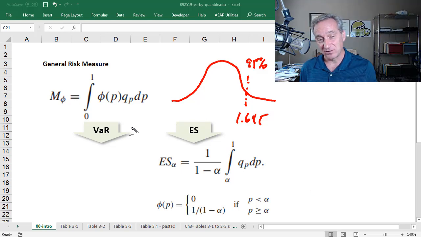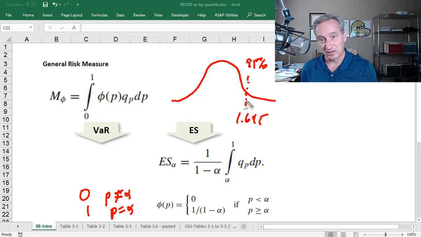VaR is a special case also. It's just a little different. If the probability is not equal to alpha, we're getting 0. And if the probability is equal to alpha, then we're getting all of the weight.